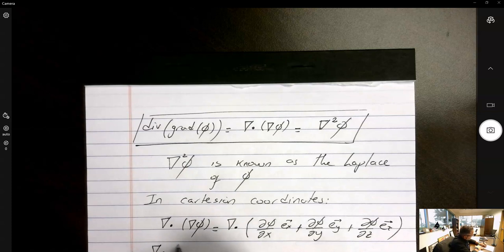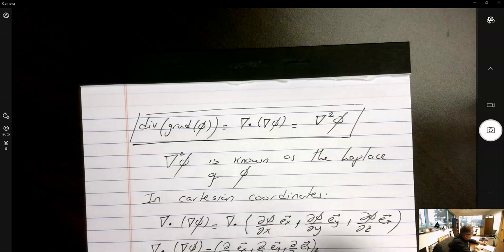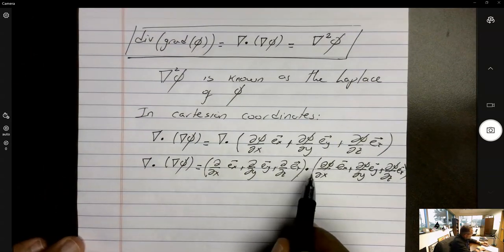So the Laplace, or the divergency of the gradient, is equal to, so the nabla we can expand as d dx ex plus d dy ey plus d dz ez, dotted into this whole thing. So I'm going to squeeze it in here: the derivative of phi with respect to x in the x direction plus the derivative of phi with respect to y in the y direction plus the derivative of phi with respect to z in the z direction. Okay. So now we have two vectors dotted into each other.